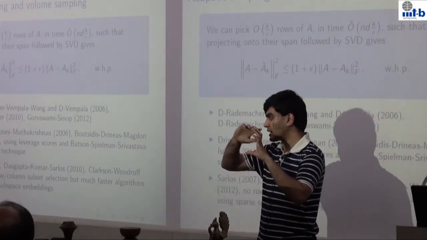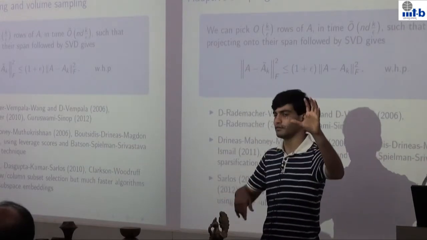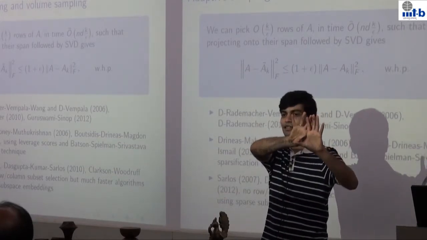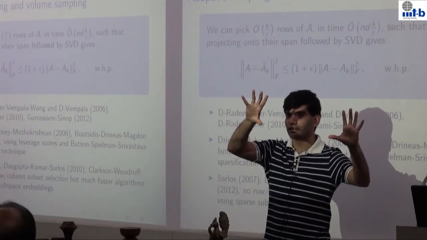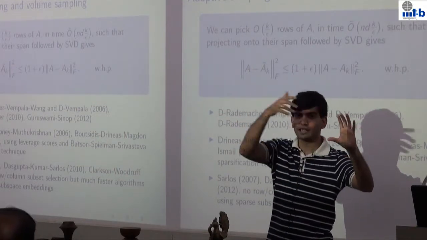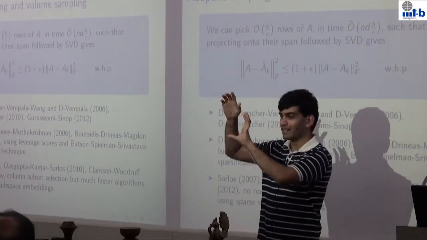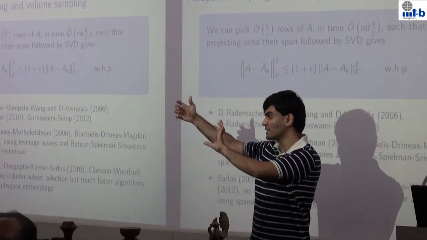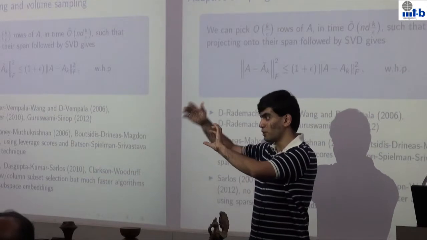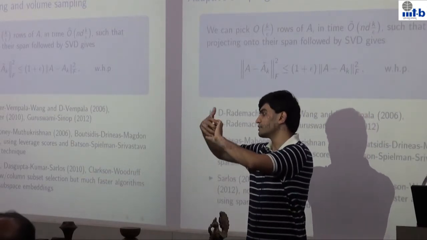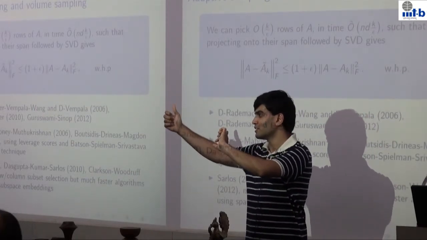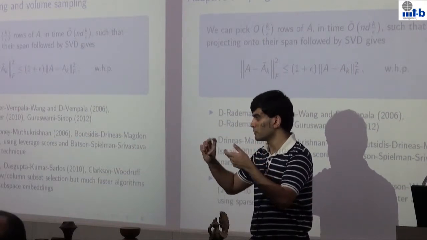If we take any cut in the original graph, where we divide the nodes into two disjoint parts and look at the number of edges that go across, then for the same cut in the sparsified graph, even though it has a small number of edges, the cut size remains within 1 plus or minus epsilon.